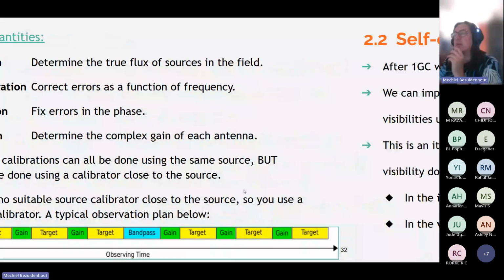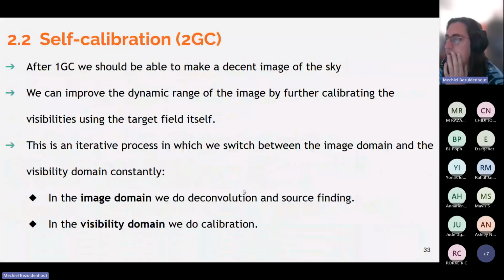Right. After we've done the 1GC calibration, the cross calibration, we can also do self-calibration. After 1GC, we should already be able to make a decent image of the sky, but oftentimes we can improve the dynamic range of that image further by calibrating the visibilities using the target field itself.